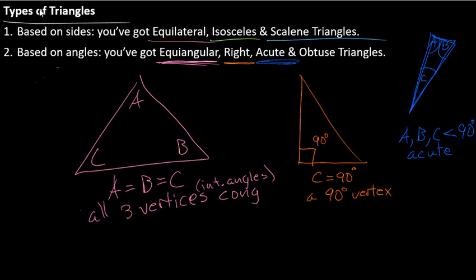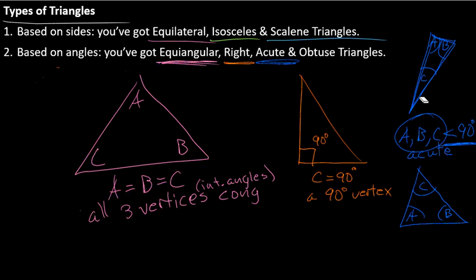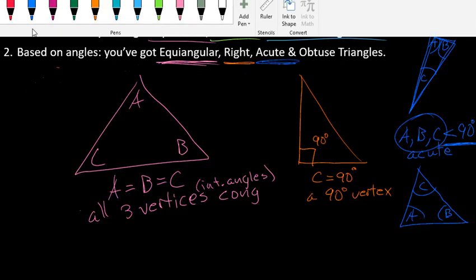Another example would be the one right here in orange, if I made this slightly less. Again, all three would be less than 90, meaning they are acute triangles. Okay, so pretty simple so far.